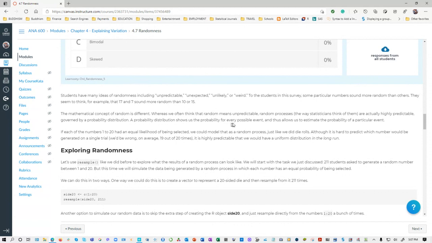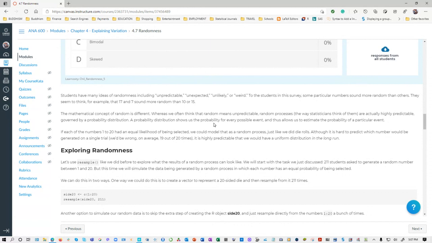A probability distribution shows us the probability for every possible event and thus allows us to estimate the probability of a particular event. Randomness in statistics is different: mathematically, every number can be highly predictable.